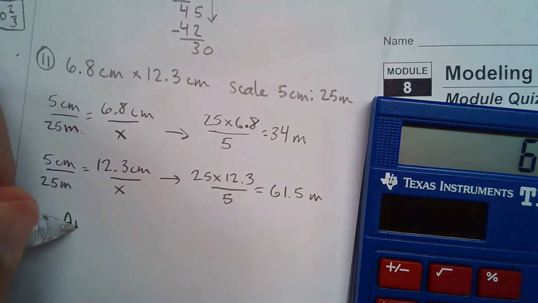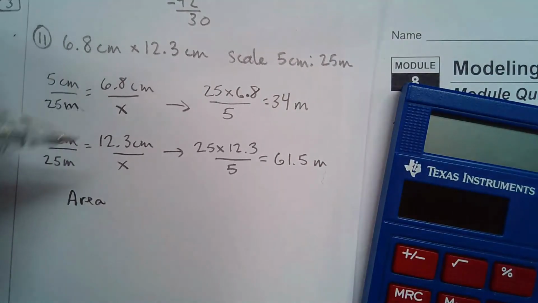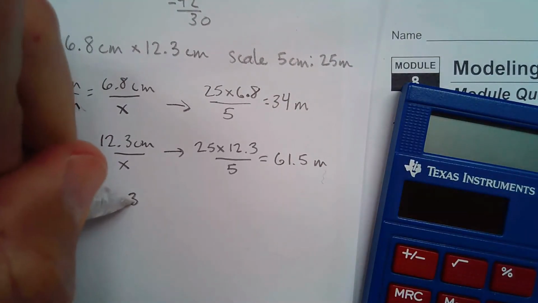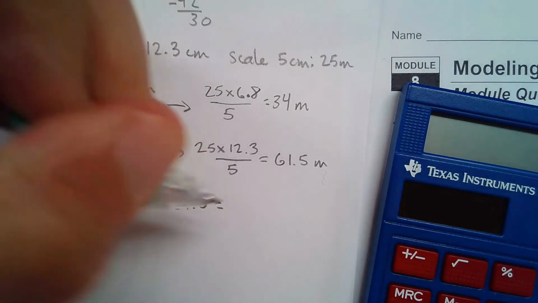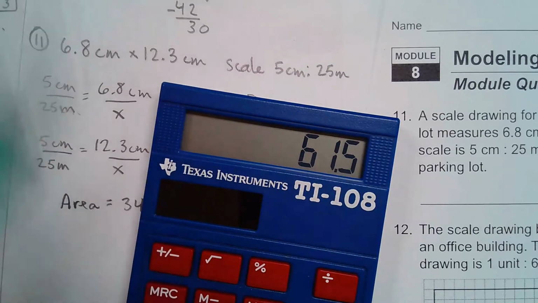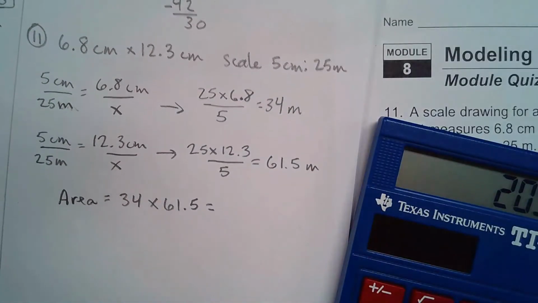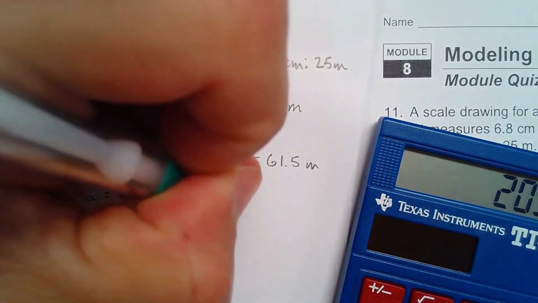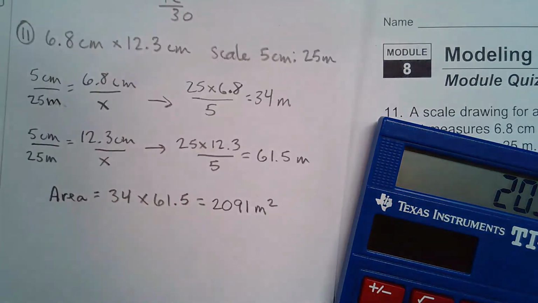So the area is the product of these two numbers. Area is 34 times 61.5, which is 2091 square meters. And that's our final answer.